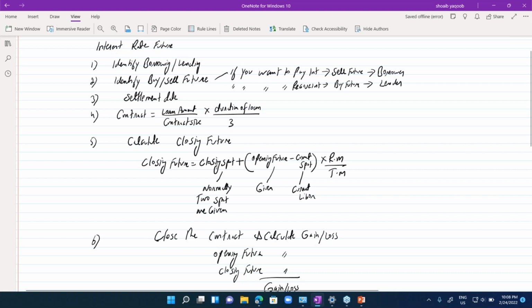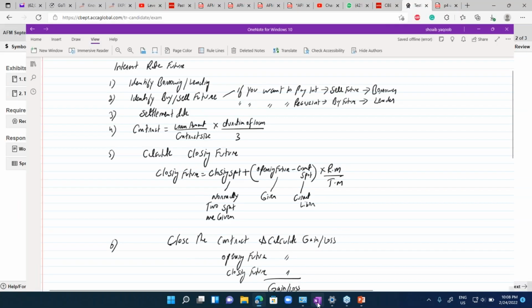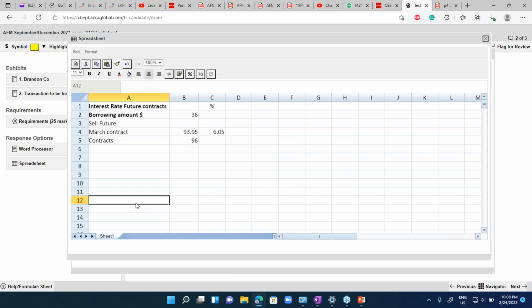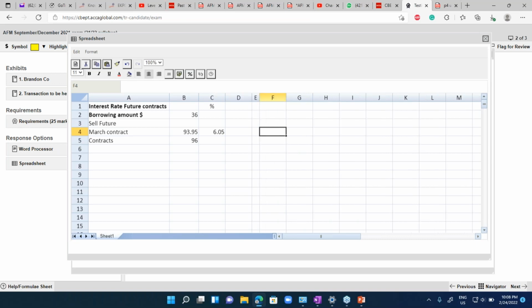Closing future. So identify the closing future formula. Closing spot, opening future minus... You can write the closing future and solve it here by showing the working. First of all, identify the closing spot. It is written here, closing spot will be 6.6.